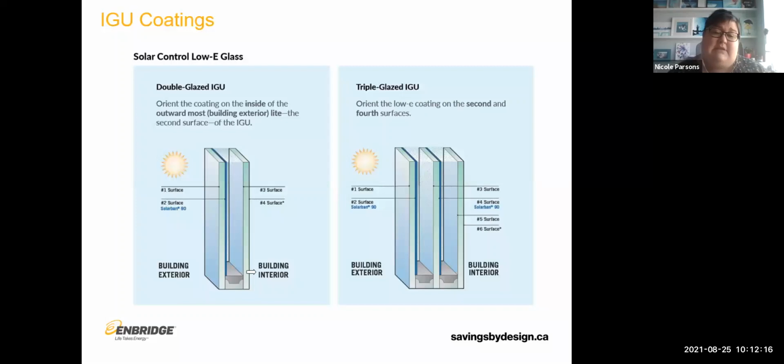You're having to overlap materials, and they don't seal together properly. So making sure you have that continuous seal to prevent air leakage around the perimeter is also really important, and it is something that can be missed on site.